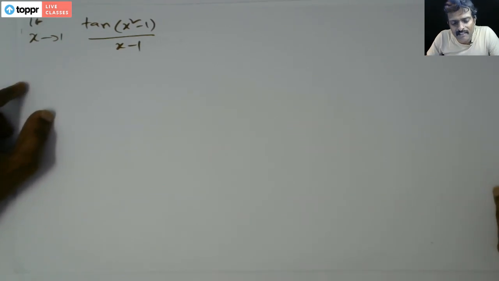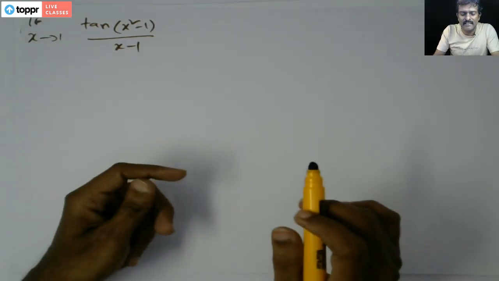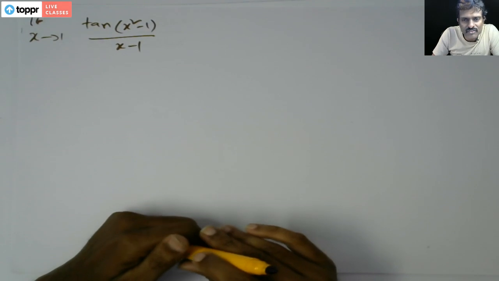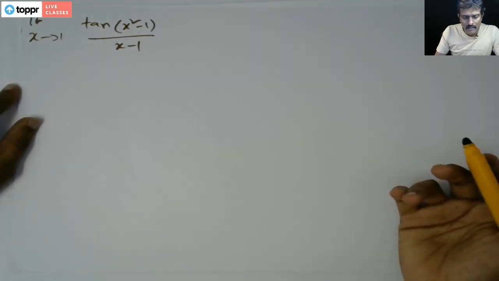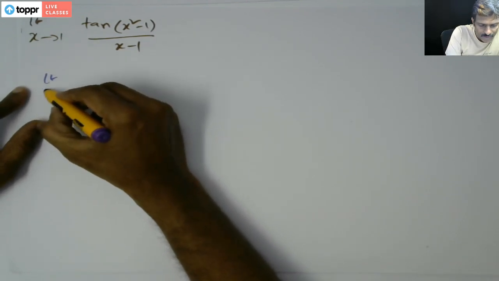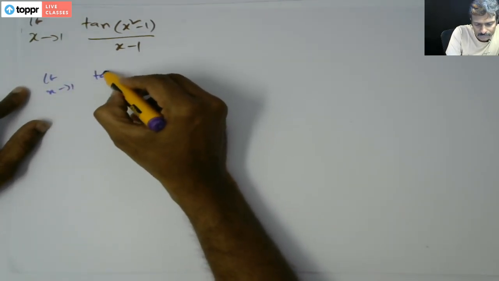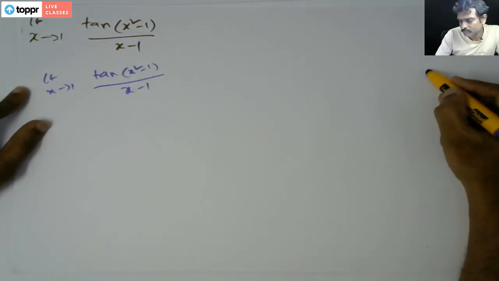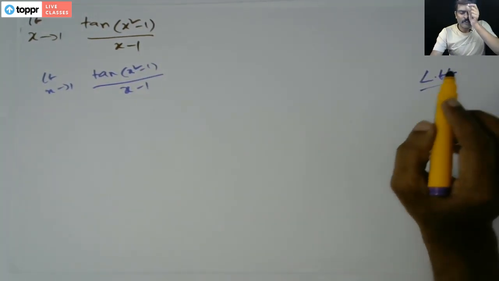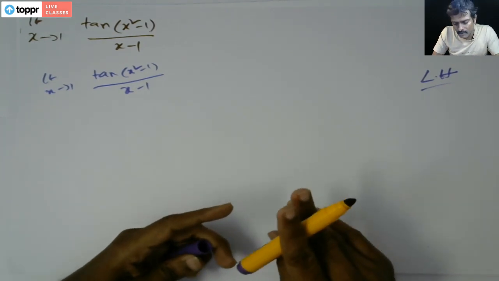The next one is limit x tends to 1 of tan(x square minus 1) by x minus 1. Okay, let us try doing this. Here we will use L'Hopital's rule.